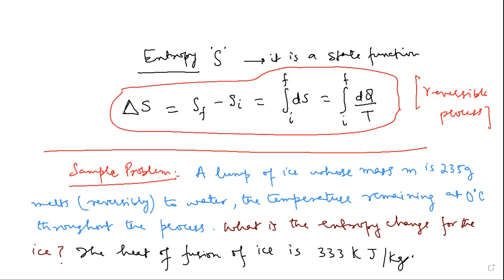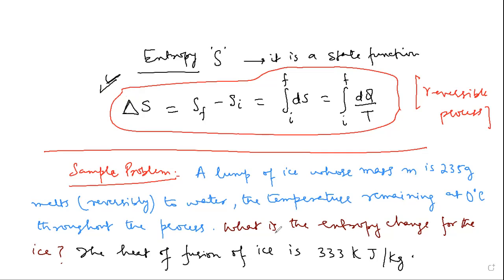So phase change is taking place in this problem. Ice is melting to water, and you know phase change takes place at constant temperature. That temperature is 0 degrees Celsius, and it is said that this process happens reversibly, so we can make use of this equation to get the entropy change of ice.